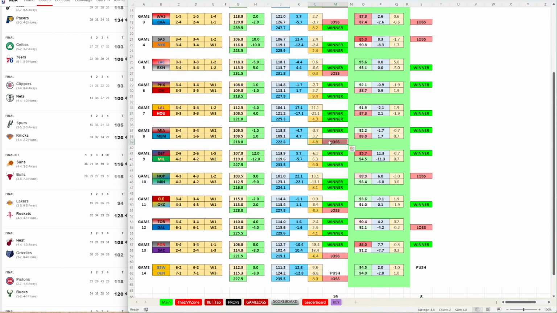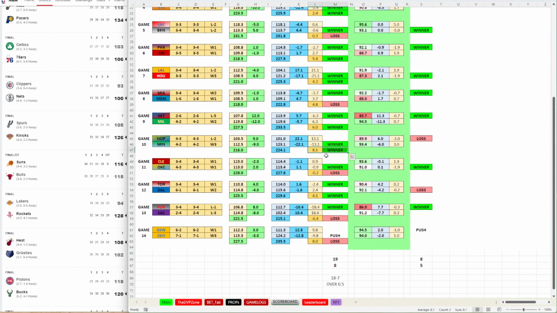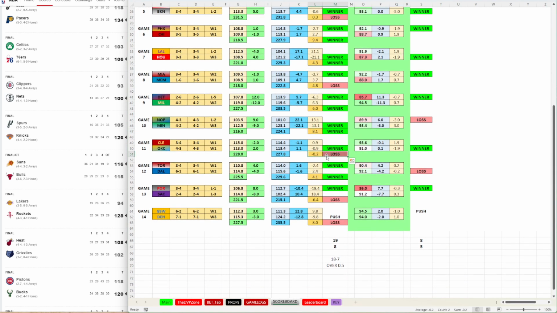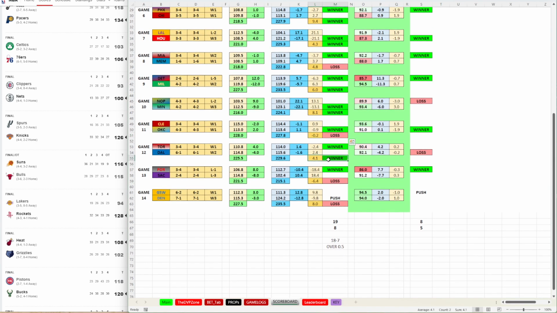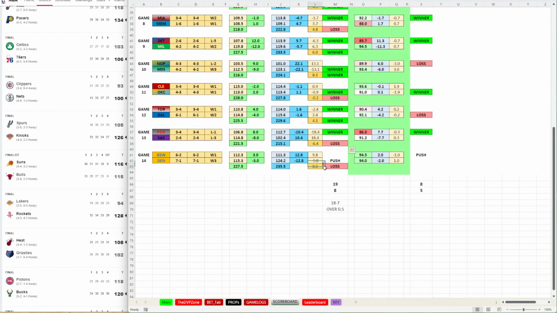Here's an over that lost, 4-2. Here's an over that won, 5-2. 6-2. Again, 0.2 points is a fade. Also, it's an under. That's a fade, so we're still at 6-2. Over that won, 7-2. Again, this favored an under. We're going to kick it out. And then this is an over that lost.